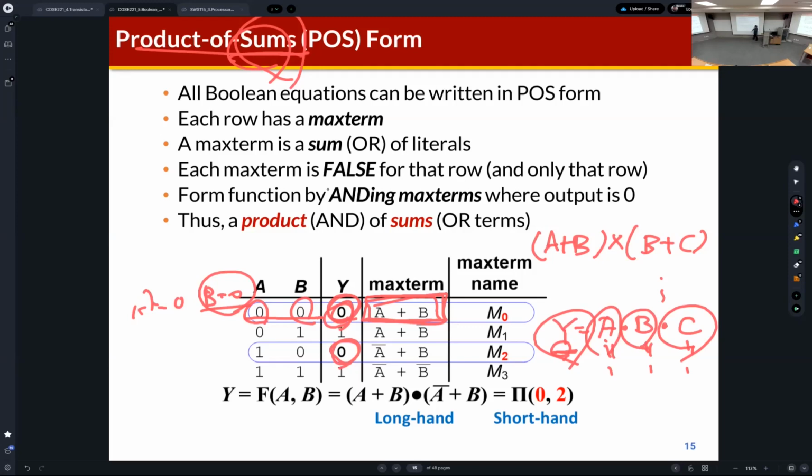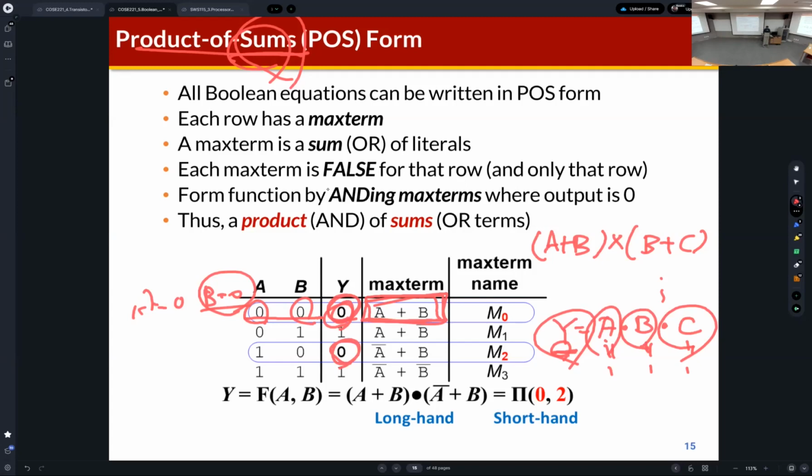a should be 1. So which means the max term for this row should be a bar or b, right. So if b is 0 and a bar is 0, which means that a is 1, right? So a bar or b becomes 0.